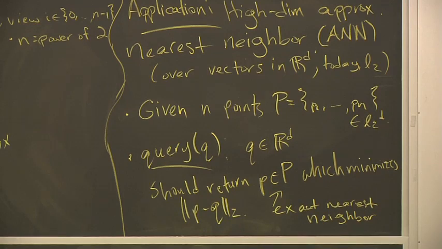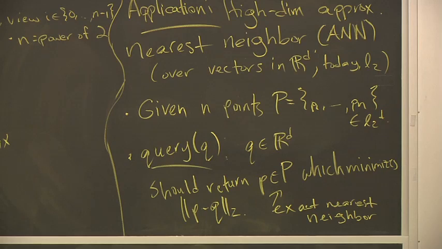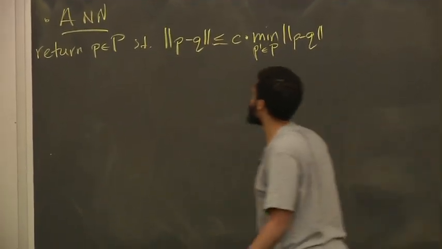Approximate nearest neighbor says: return a point P in capital P such that the norm of P minus Q is at most some constant C times the min over P prime of the norm of P prime minus Q. C is my approximation factor.